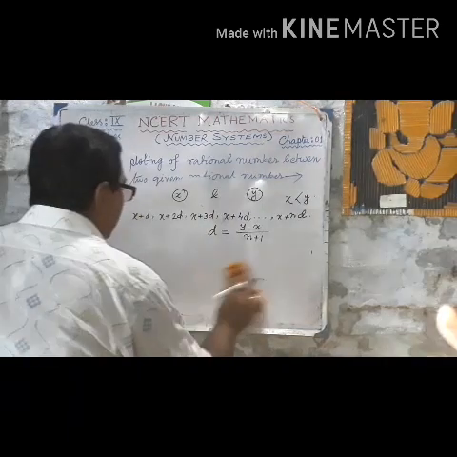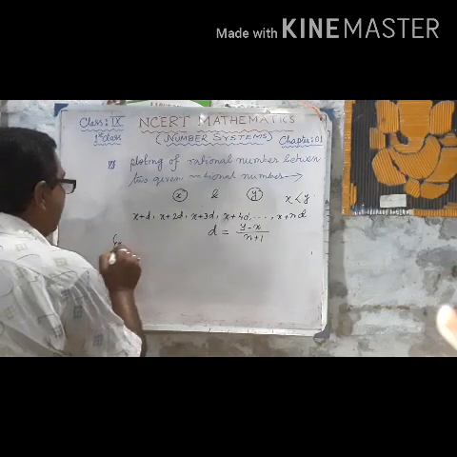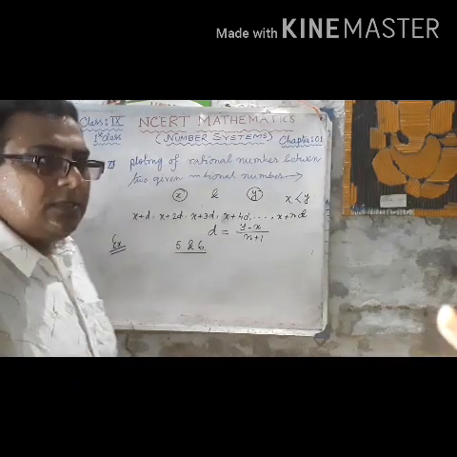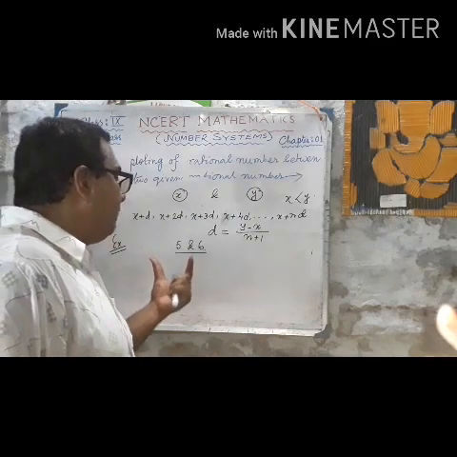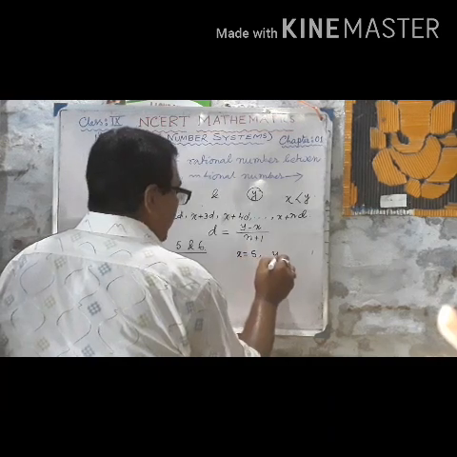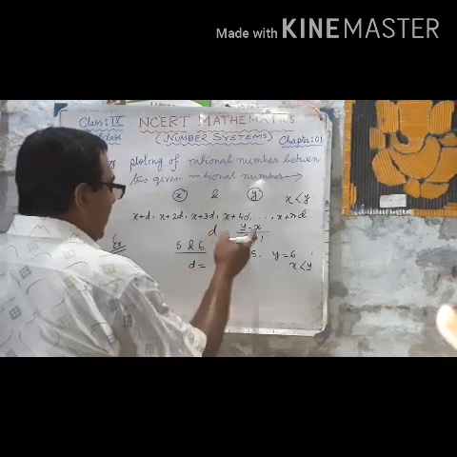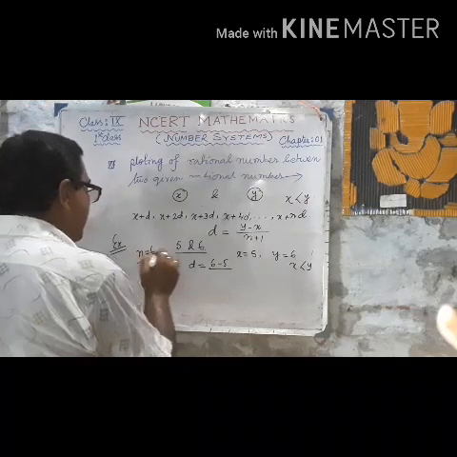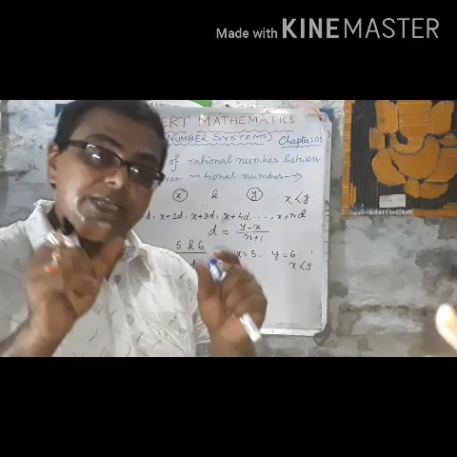For example, the question is, find 6 rational numbers between 5 and 6. Here x equals 5, y equals 6 and x is less than y. Therefore d is (y minus x), 6 minus 5, and n is 6, because the question is to find 6 rational numbers.